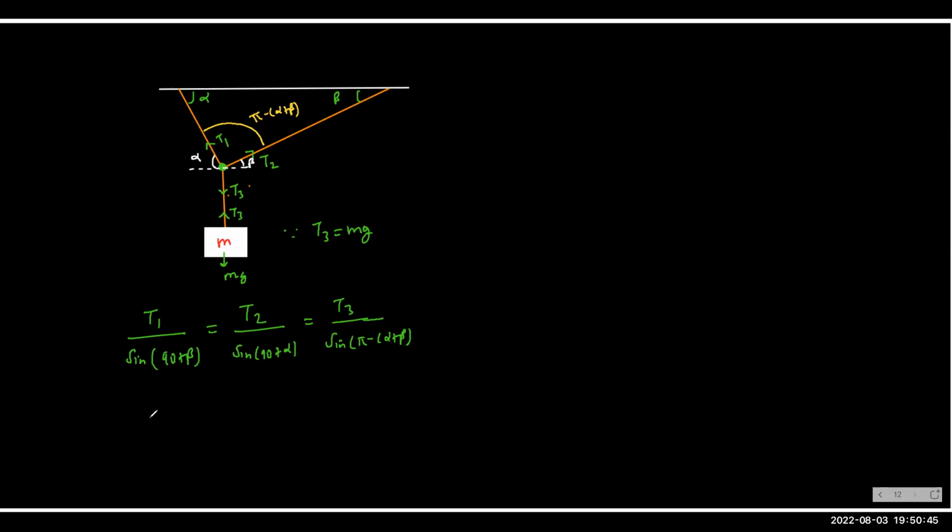And now you can see the answer. T1 upon cos beta, since sin 90 plus beta is cos beta, equals T2 upon cos alpha, and this is mg upon, now this is something you need to know, that sine of 180 minus any angle is the sine of the angle itself.